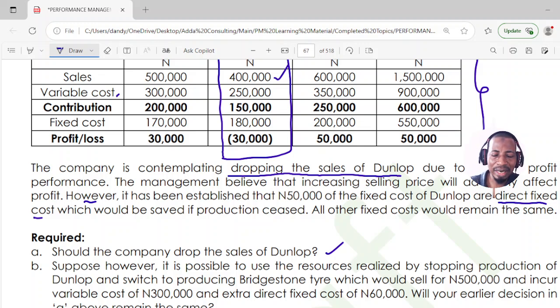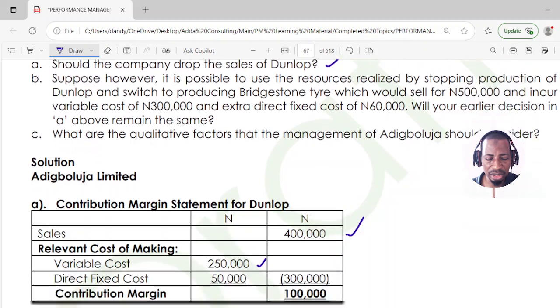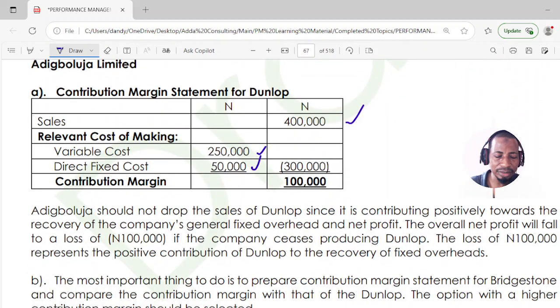So we are told that out of the 180,000 fixed cost, 50,000 of it is a direct fixed cost, which will be saved. So direct fixed cost of 50,000 is a relevant cost. That's it. So no other cost again. Then you add everything together, that will produce 300,000. So the sales value of 400,000 minus the total relevant cost of 300,000 will produce a positive contribution of 100,000.